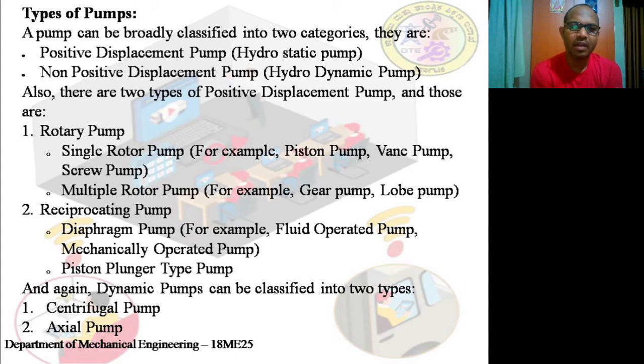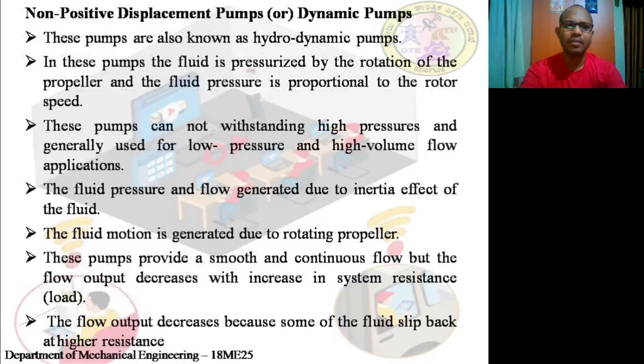Again, the dynamic pumps can be classified. Besides positive displacement, these dynamic pumps can also be classified into two more types, that is centrifugal pump and then axial pump. So these are all the different classifications. The non-positive displacement pump is also called NPD, or the dynamic pump.